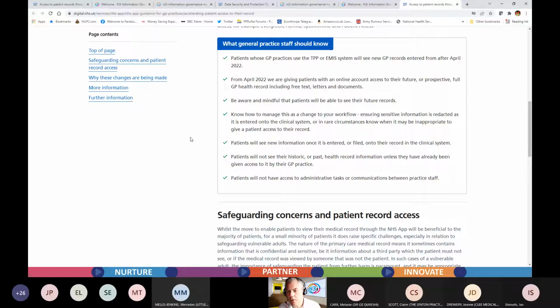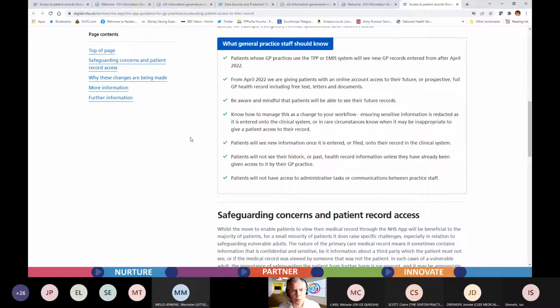So it's important to note that at the moment, this online access will be from whatever date it is in April going forward. Patients can, of course, as they can now, ask to see the historic bit as well, and you can go and enable that if you want to. But this really is just talking about anything that's added to the record going forward from the point in April at which it gets switched on.